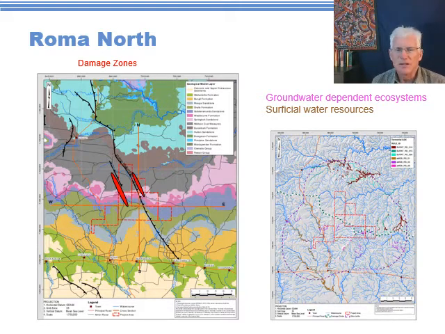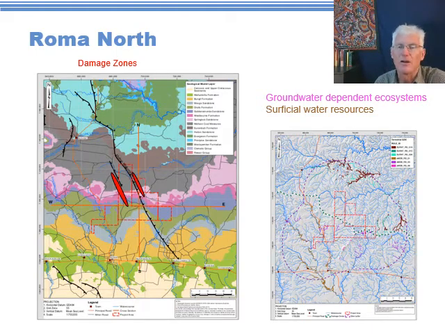The lease areas are shown on both the map on the right and the map on the left. The map on the right shows the groundwater, the drainages and the topography. The main groundwater assets are shown in purple and brown. Purple are special areas of significance for groundwater dependent ecosystems.